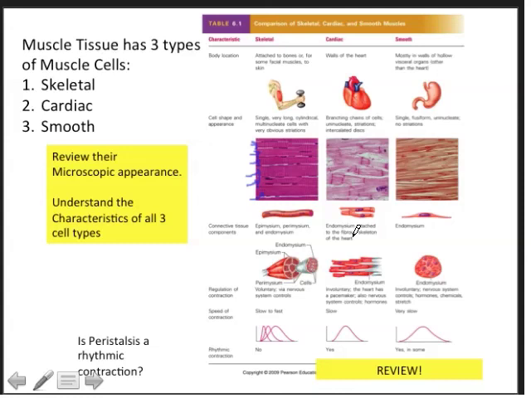The main proteins are actin and myosin, and they're arranged in such a way that they periodically overlap each other, and that's what produces the dark bands, and the areas where they don't overlap is what produces the light bands.